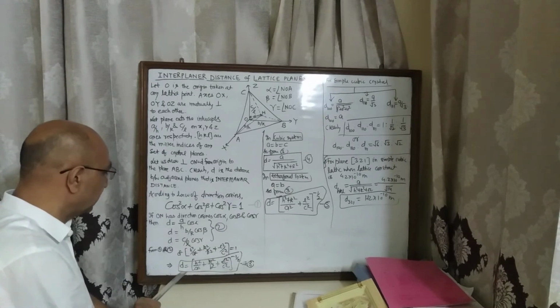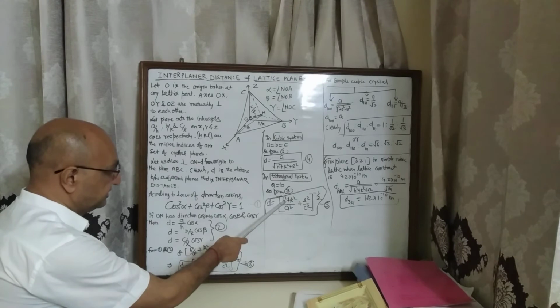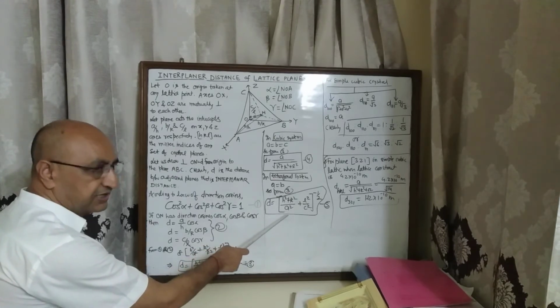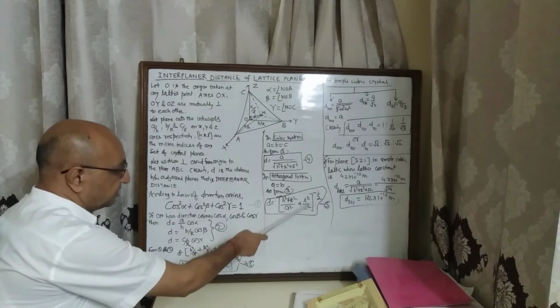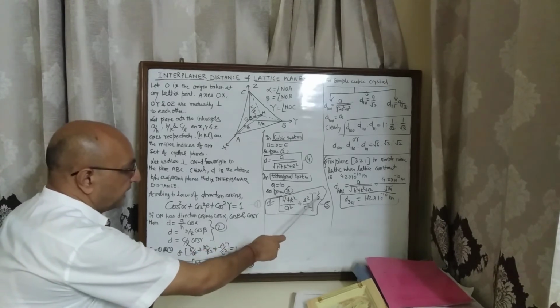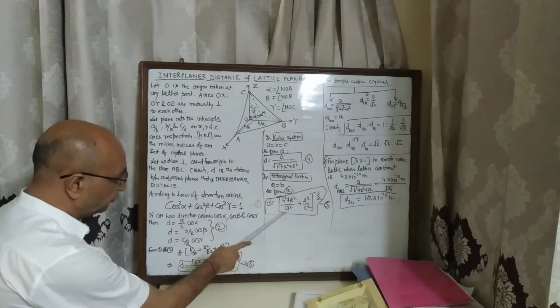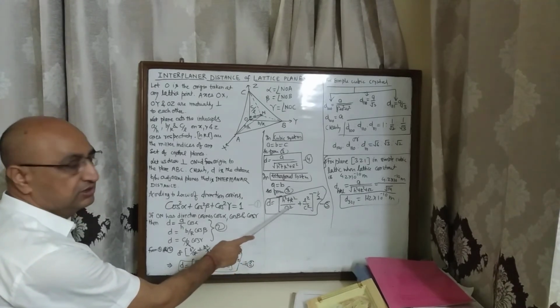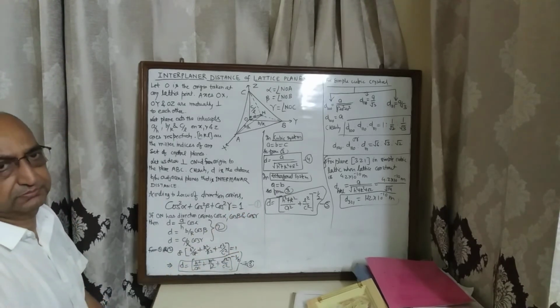This formula comes out to be d is equal to h square plus k square divided by a square, because a is equal to b, plus l square upon c square, whole bracket raised to the power minus half. We can use this formula directly for the tetragonal system.